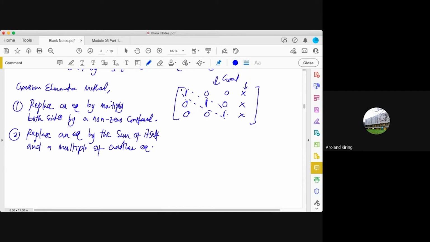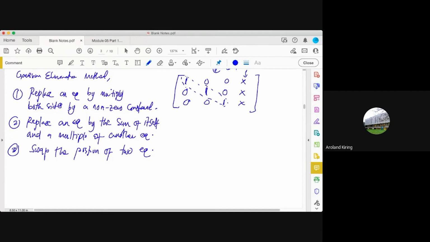And the last step is you can swap the positions of 2 equations. So you have 3 different operations to perform your Gaussian elimination.